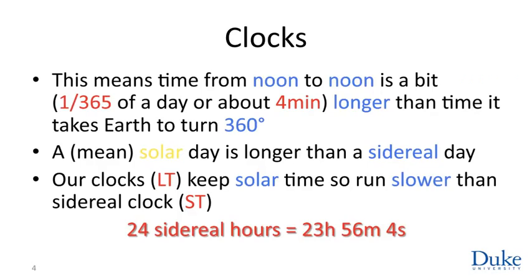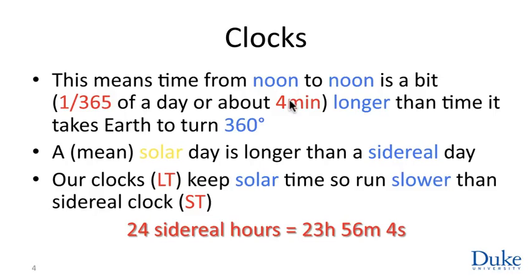Indeed, the time from noon to noon is longer than the time it takes Earth to rotate by 360 degrees by about 1 over 365 of a day, because the Sun moves back along the celestial sphere by 1 over 365 of its complete annual rotation of the celestial sphere. That's about 4 minutes.